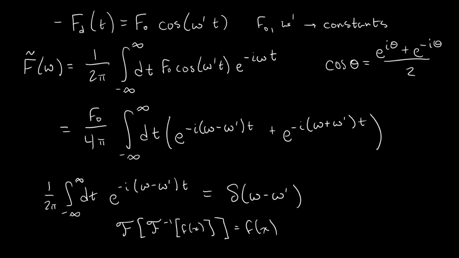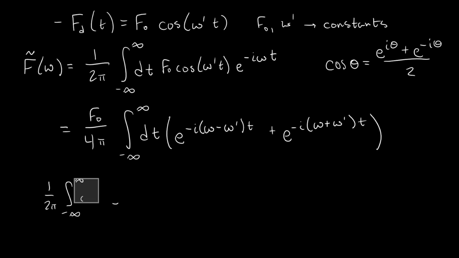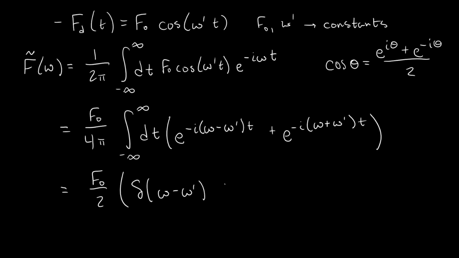But using that, I can see that this is just going to be f naught over 2 times delta omega minus omega prime plus delta omega plus omega prime. So I found my Fourier transform of my driving force.